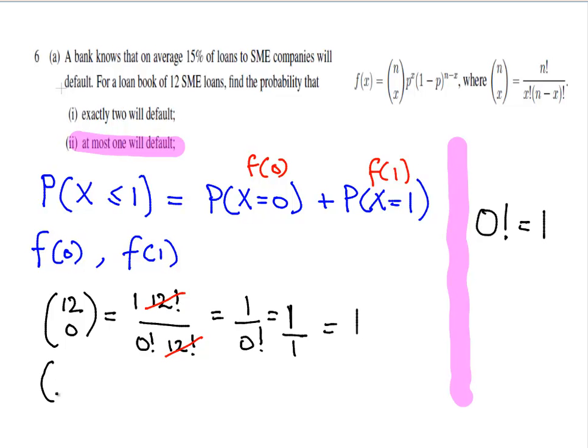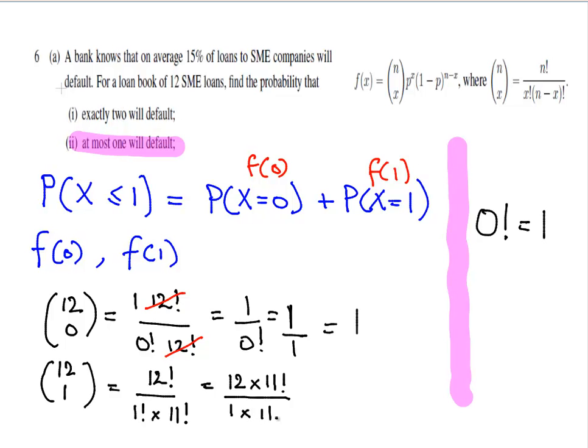Let's do the other one here as well. 12 choose 1 is equal to 12 factorial over 1 factorial times 11 factorial. We can write 12 factorial as 12 times 11 factorial. So we have 1 factorial times 11 factorial in the denominator.